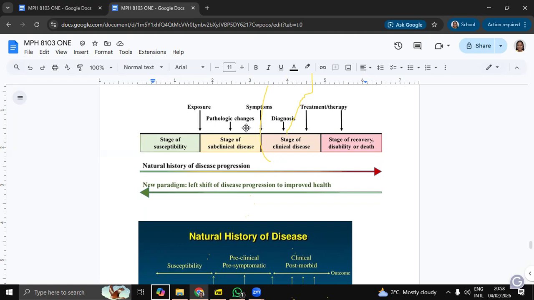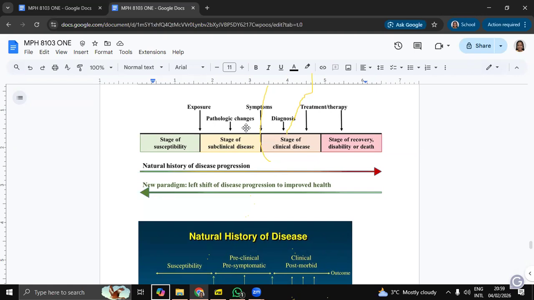Sometimes it progresses, and it will usually move to the next stage, which is subclinical disease. So it's already in the body, it's already causing damage, but it's not yet manifesting. You then leave that stage and move to the stage of clinical disease, where you can now see what is happening.